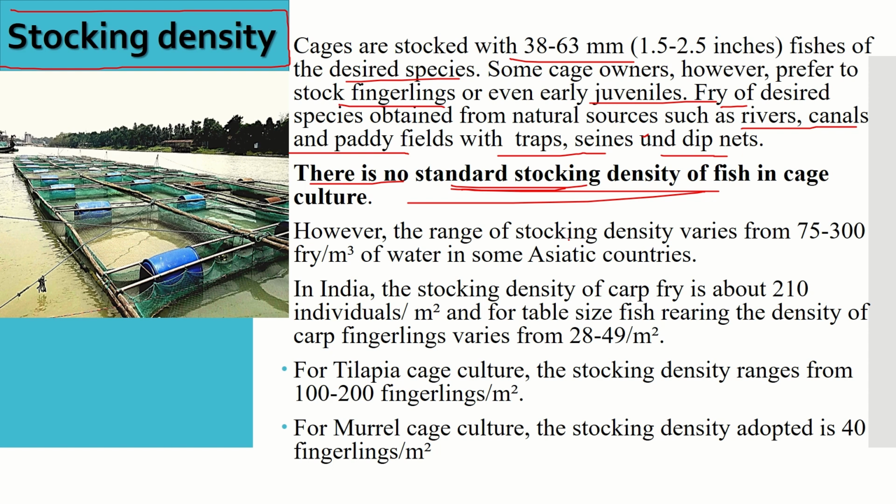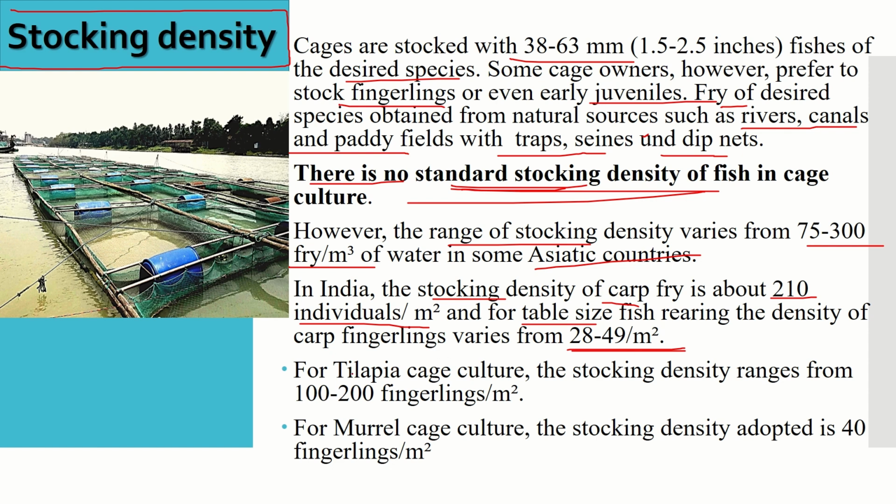However, the range of stocking density varies from 75 to 300 fry per meter cube of water in some Asiatic countries. In India, the stocking density of carp fry is about 210 individuals per meter square, and for table size fishery, the density of carp fingerlings varies from 28 to 49 per meter square.